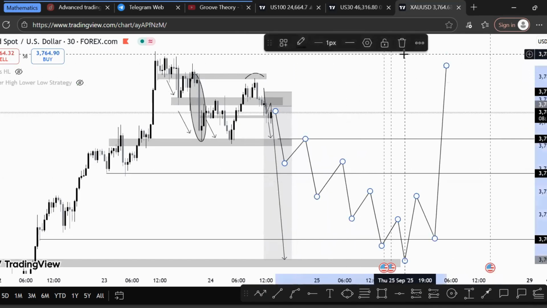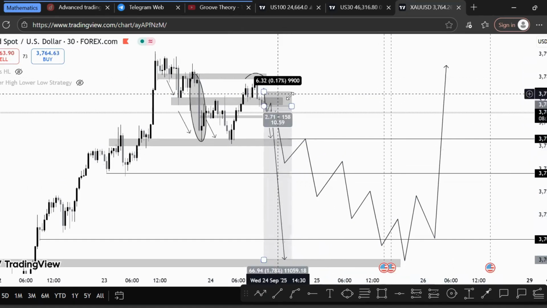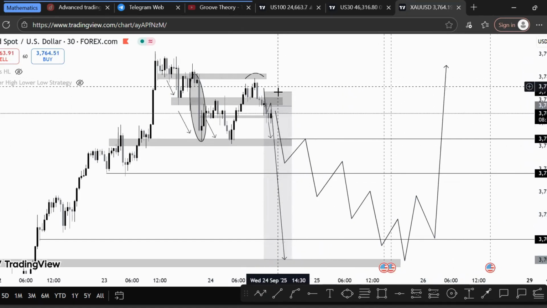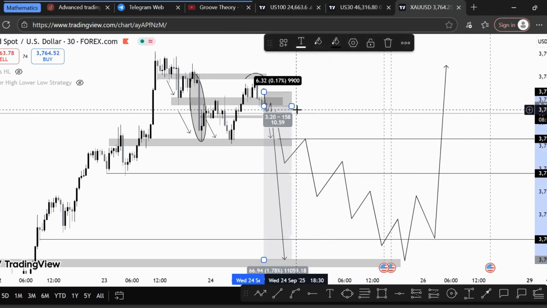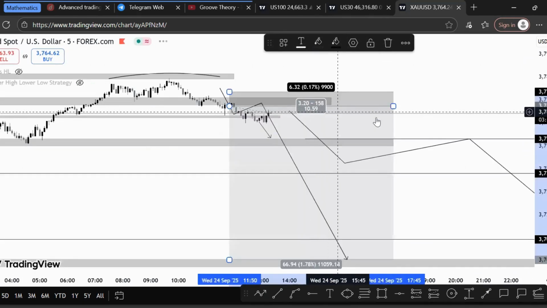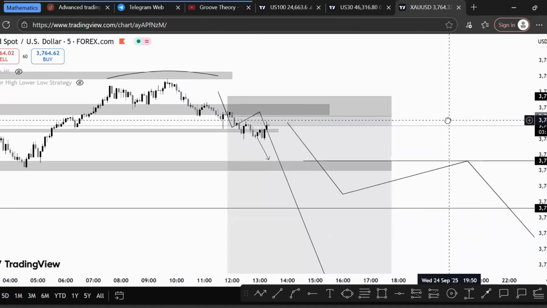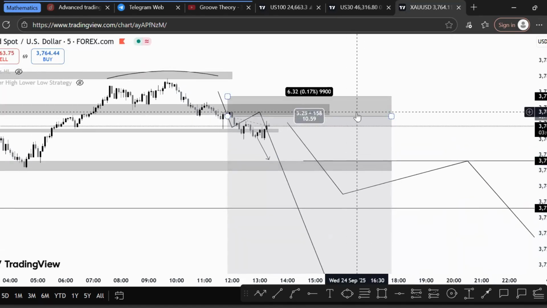May I ask how many pip stop loss are you using for this entry? I think it's just around... How much is it? Let me go to... It's about 6 points.